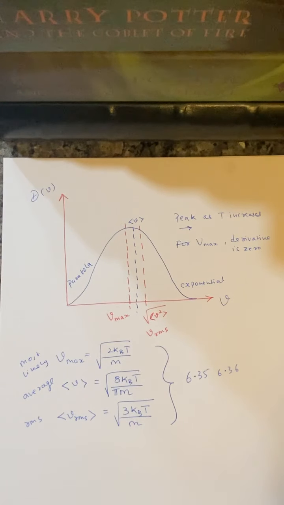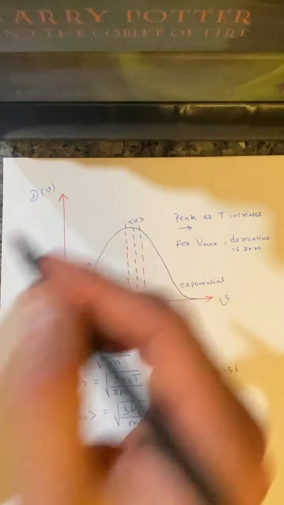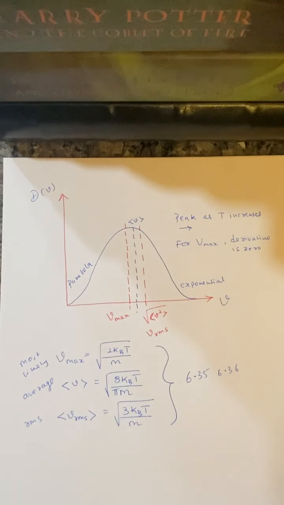The average speed is always slightly larger than the most likely speed, and the RMS speed is a bit larger still. So those 3 speeds are different. This is also more intuitive, right? To compute the average V, you have to literally add all possible speeds weighted by their probabilities. And as a result, you will find different quantities based on this in the homework.